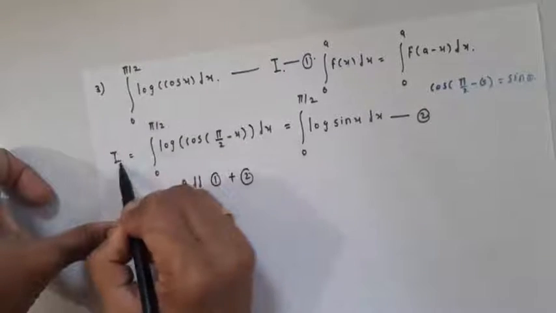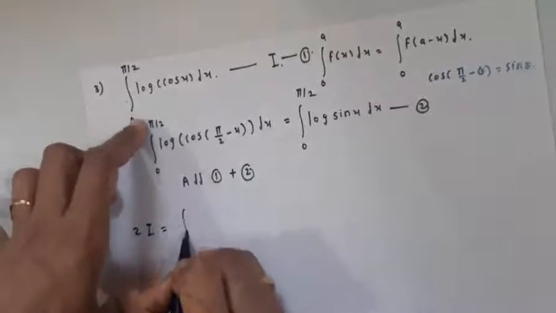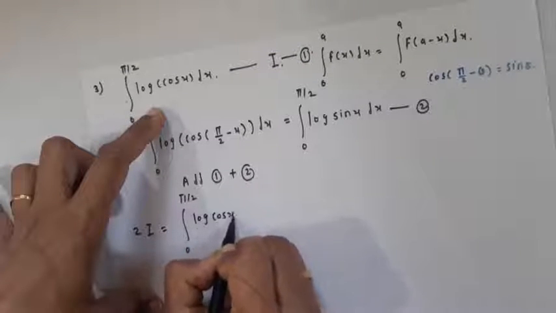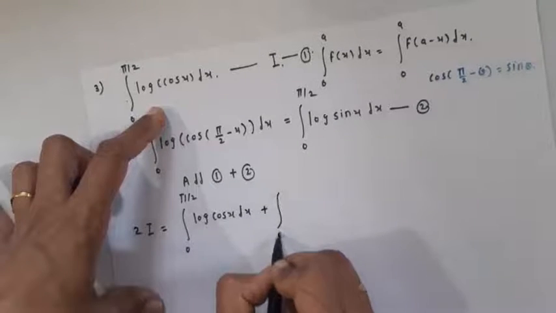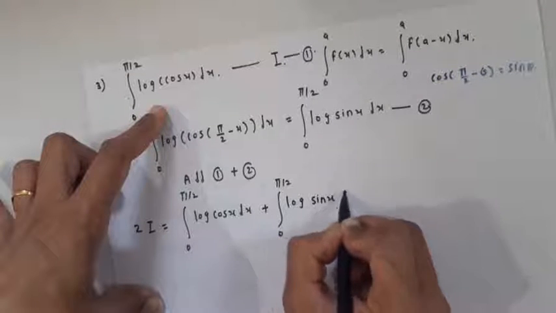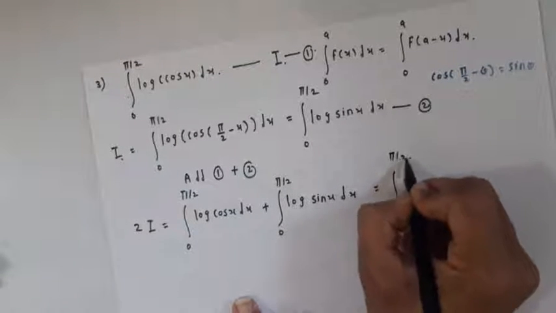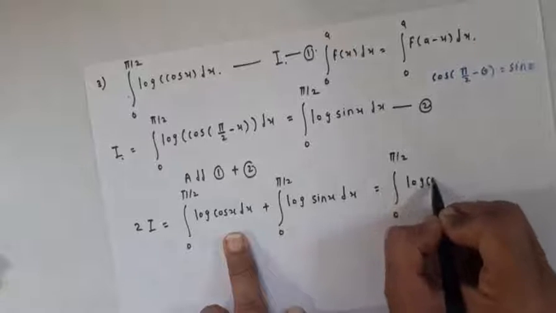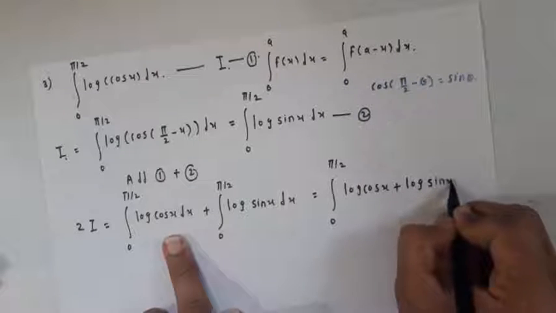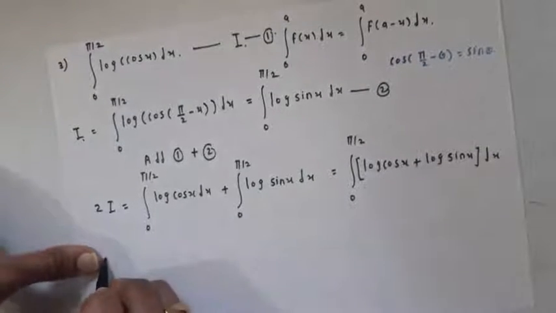On the LHS, I plus I equals 2I, and the integral from 0 to pi by 2 of log of cos x dx plus the integral from 0 to pi by 2 of log of sin x dx. By using rules of logarithm, this is the integral from 0 to pi by 2 of log of cos x plus log of sin x dx.